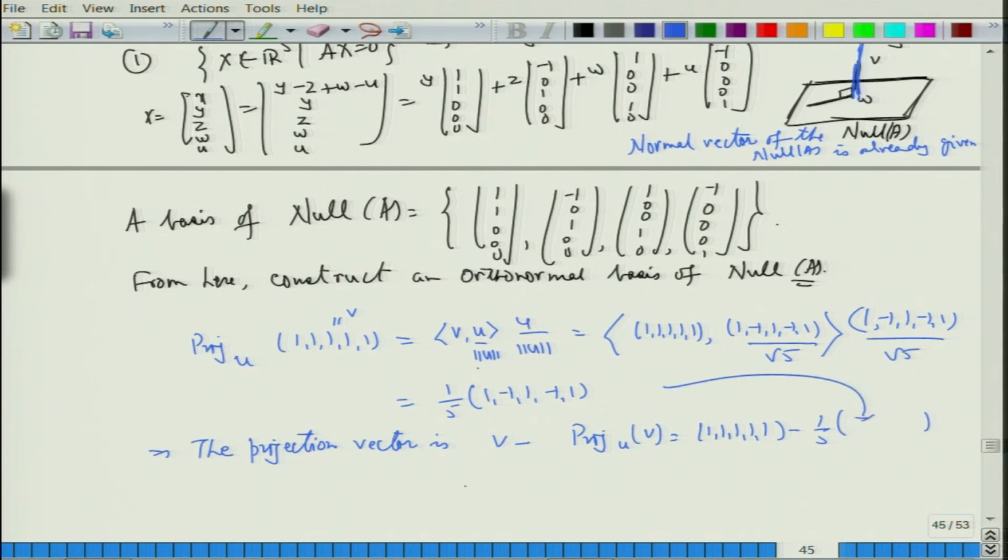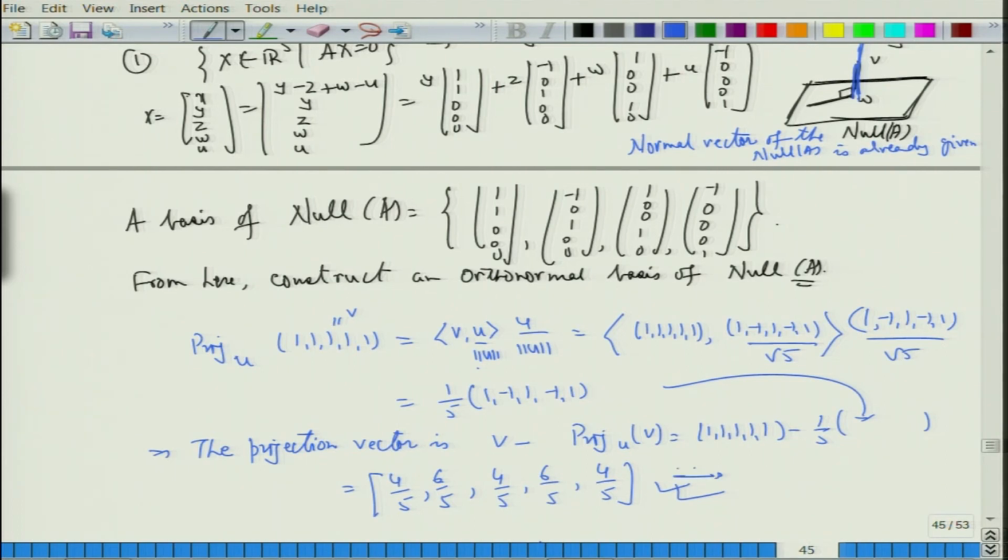Therefore this turns out to be 1 minus 1 upon 5 is 4 upon 5, then 1 plus 1 upon 5 is 6 upon 5, then again 4 upon 5, 6 upon 5 and 4 upon 5. Is that okay? So I would like you to see that this vector is indeed in the null space, alright.